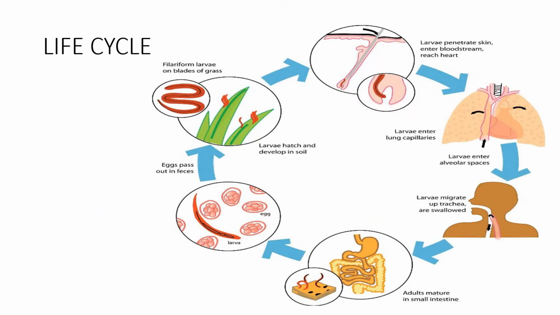Now we are going to discuss the life cycle of the hookworm. Same as before, the infected person passes stool in an inappropriate place, and it contaminates the plants, soil and water.